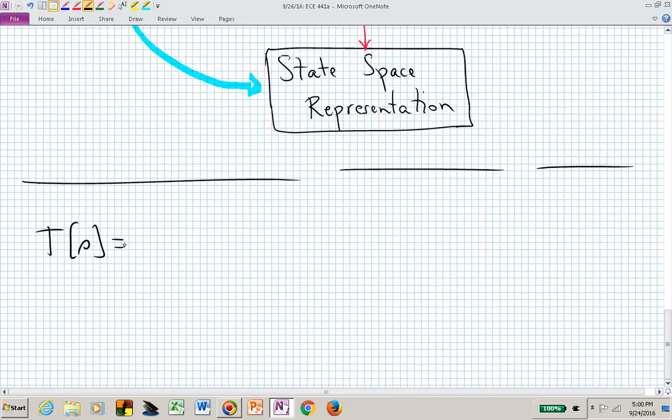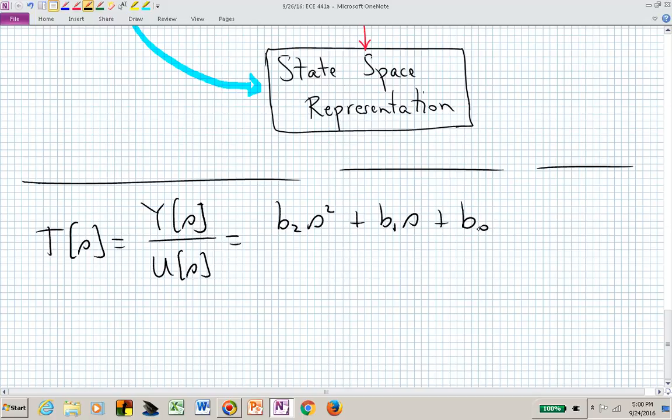Starting then with the transfer function, we will model this in terms of unknown variables. It's now the output over the input, and let's say that our numerator is b sub 2 s squared plus b1 s plus b sub 0, the subscripts referring to the power of s, and then we have s cubed plus a sub 2 s squared plus a sub 1 s plus a sub 0.